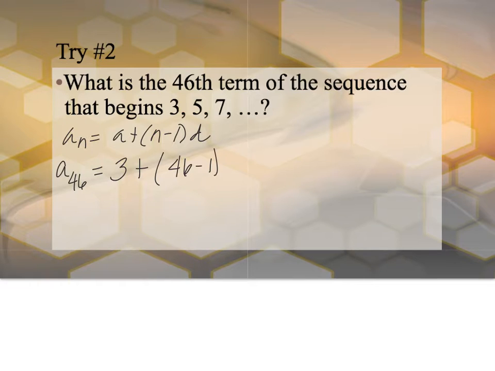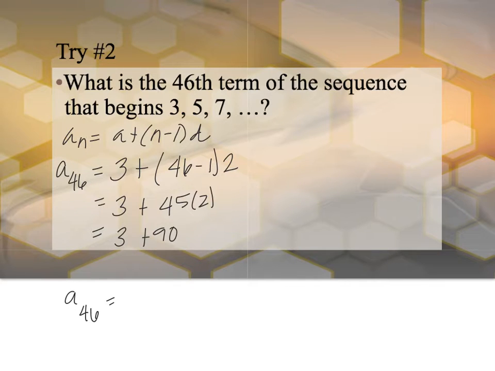So 46 minus 1, and the difference, we're adding 2 every time, so it's going to be times 2. So 3 plus 45 times 2 is going to give us 3 plus 90. So the 46th term is 93. And we'll leave our answer just like that.